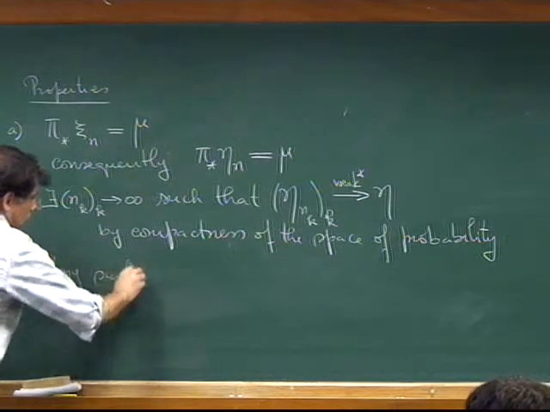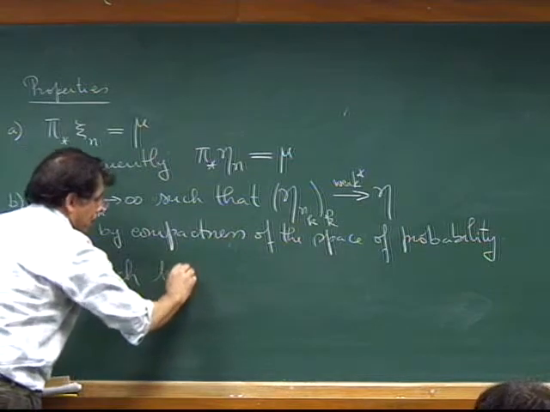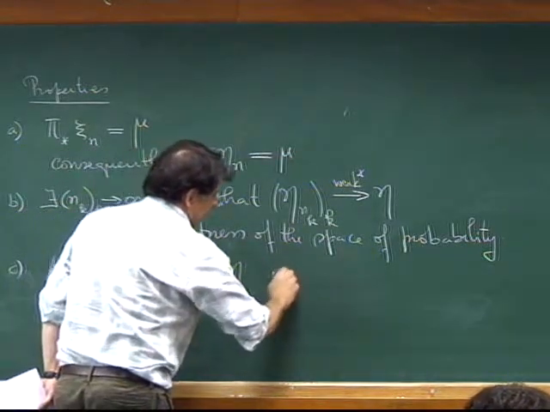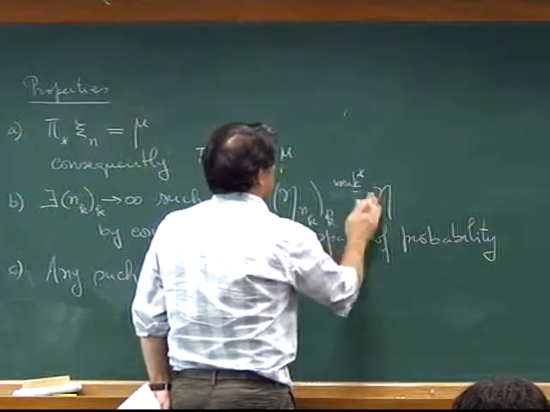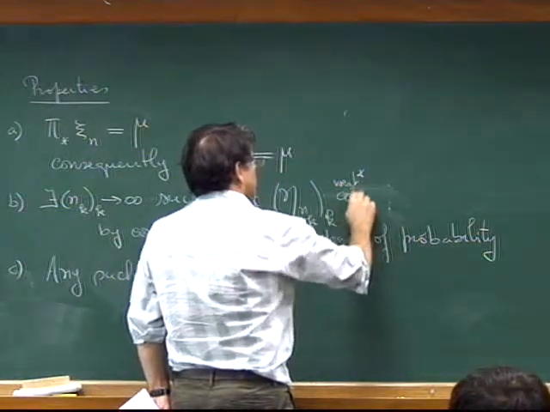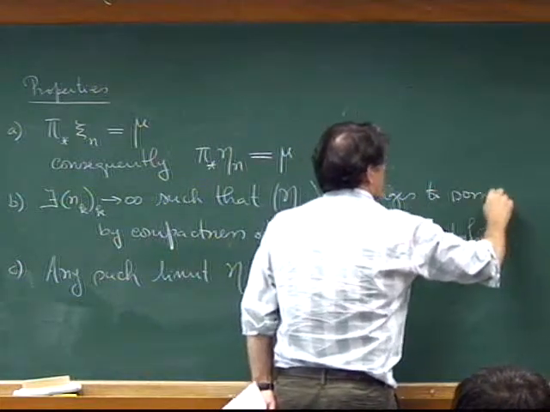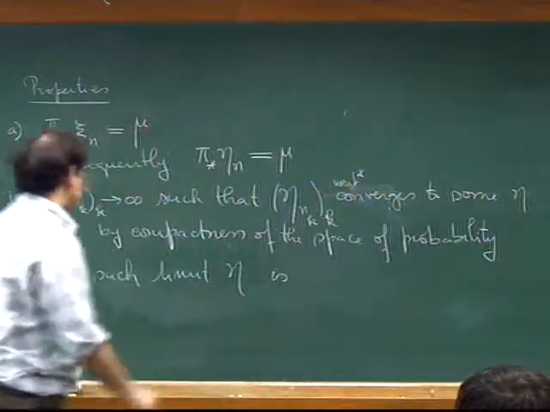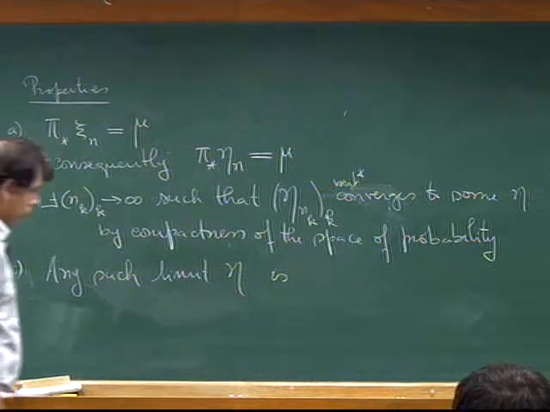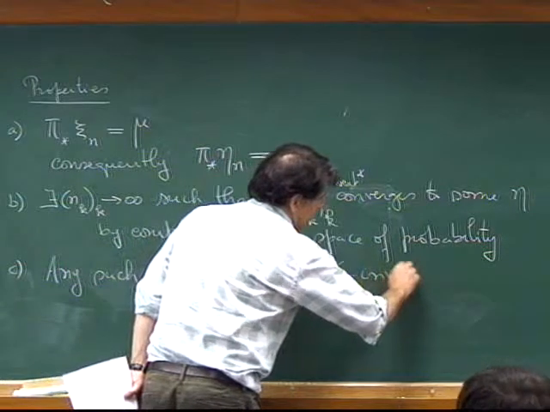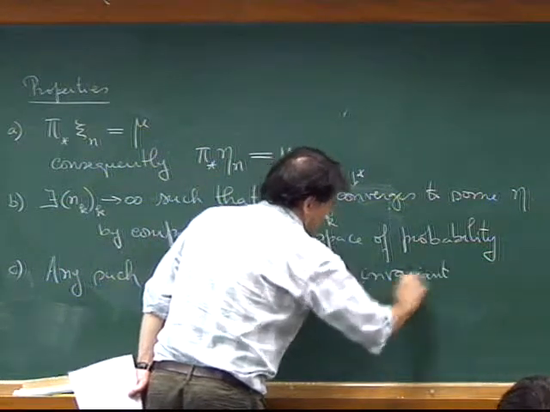Any such limit eta is, so what I'm saying is that this converges to some eta. Any such limit eta is a G invariant probability.